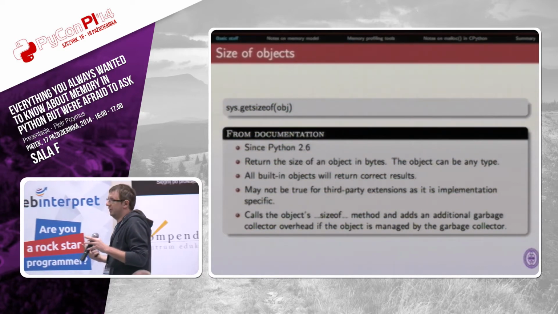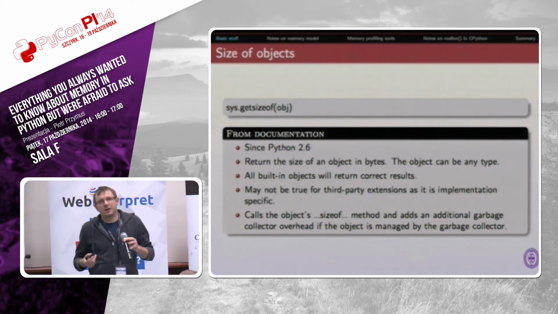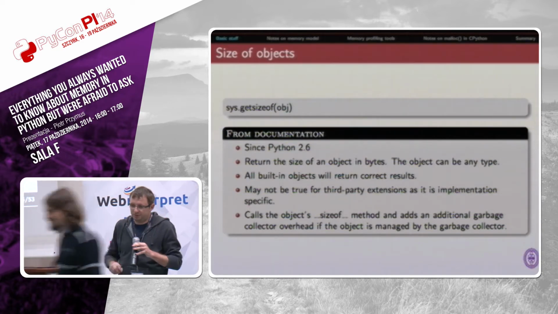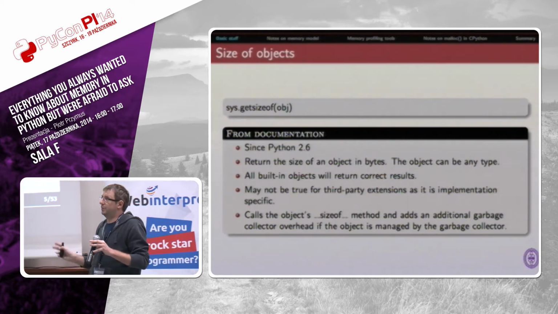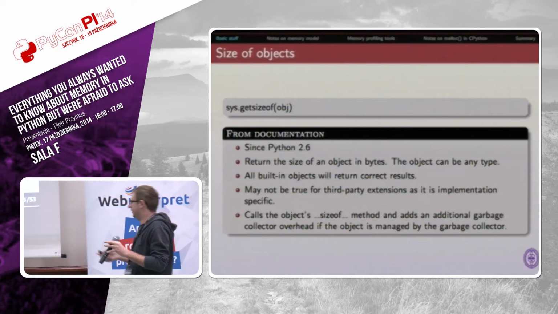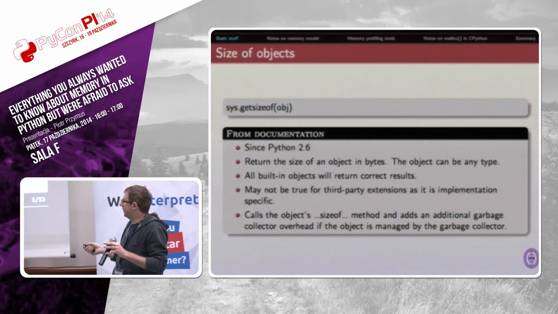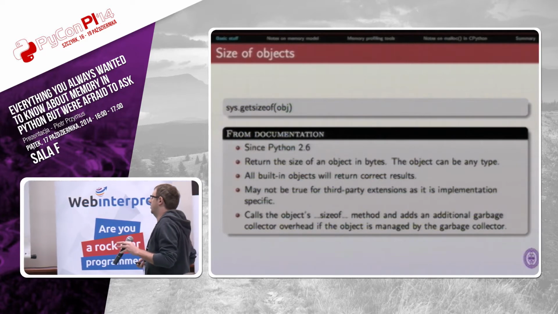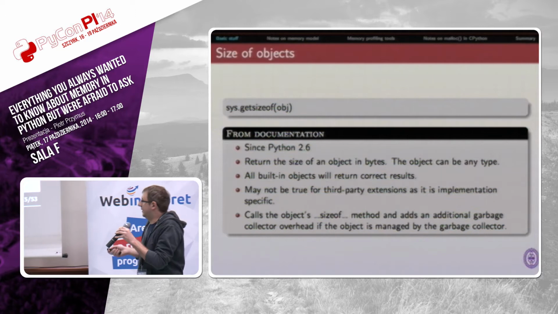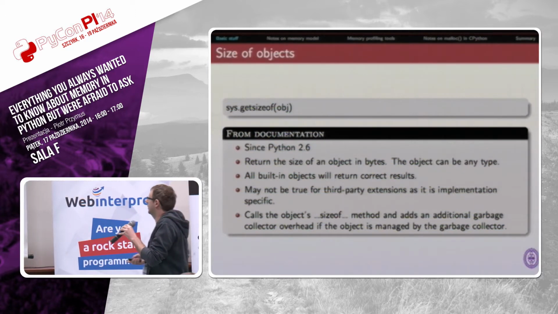But if you use it with some third-party tools, you might get wrong information. So just remember that with pure Python types it's okay, but with third-party tools there might be some problems. This built-in will also count the additional memory needed for the garbage collector and any other overhead, and it uses the __sizeof__ method.